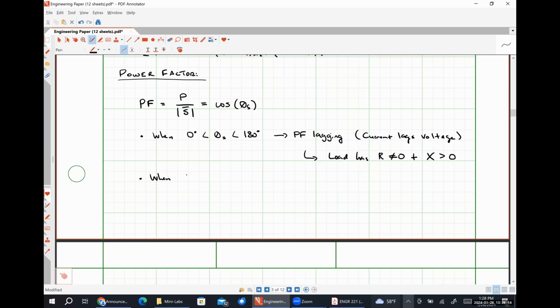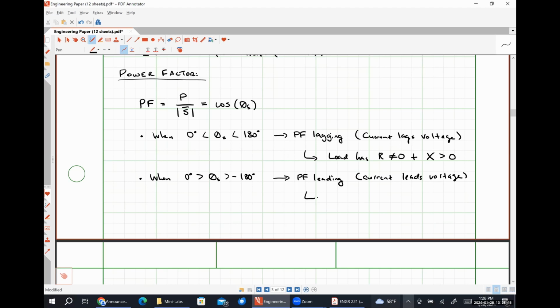When 0 degrees is greater than our power factor angle, which is greater than negative 180 degrees, we call this a leading power factor, which means our current leads our voltage in our system.